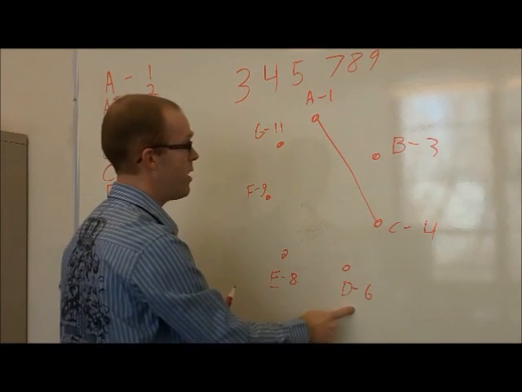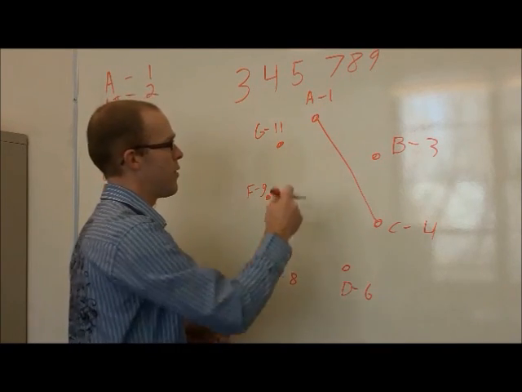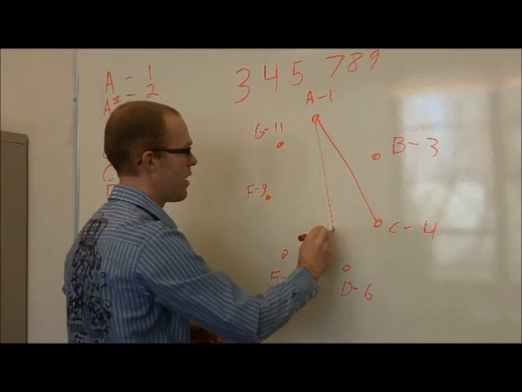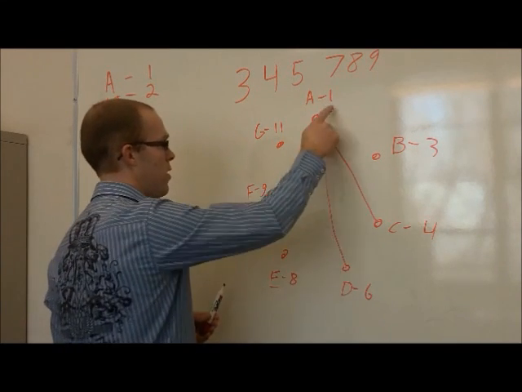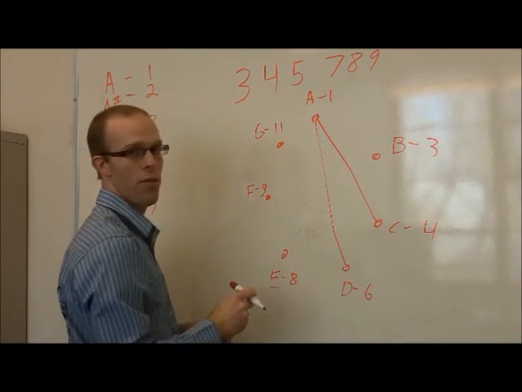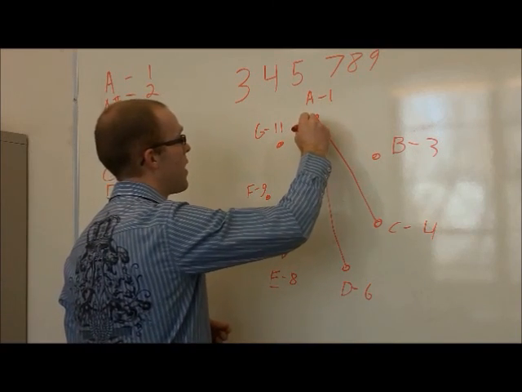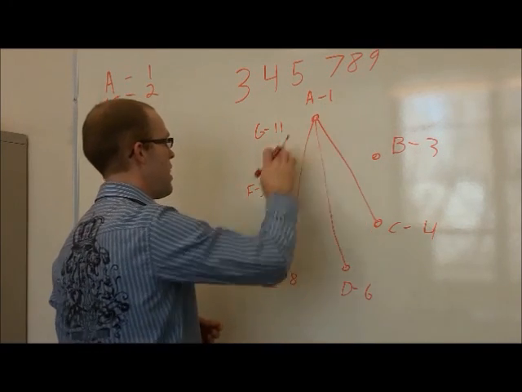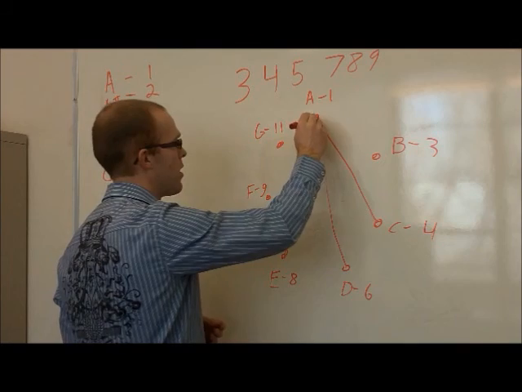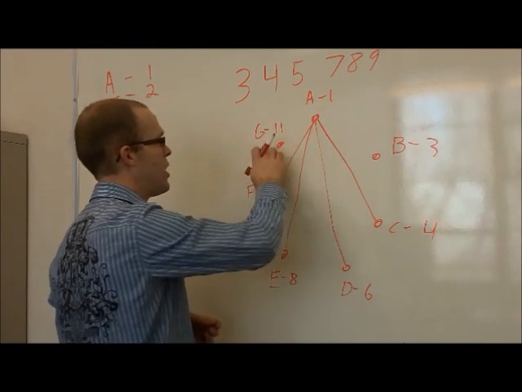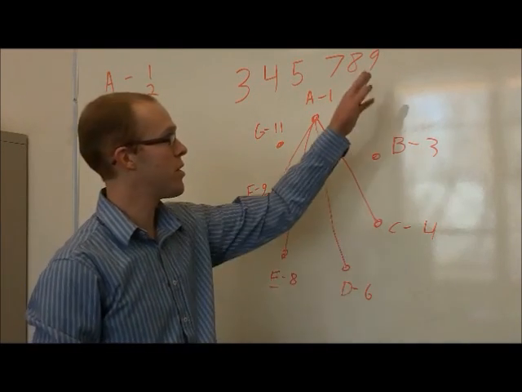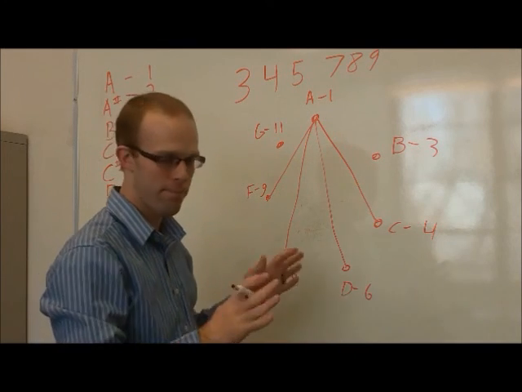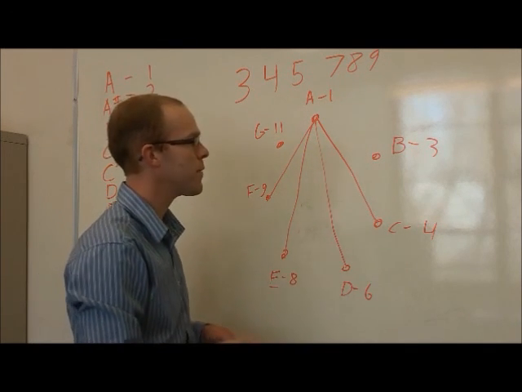Next, A to D, 6 and 1 is a difference of 5. So there's a line there, that's in our intervals. A and E is a difference of 7, that's included. A and F is a difference of 8, also included. And A and G is a difference of 10, which is not included in our intervals. So not doing anything with that one again.